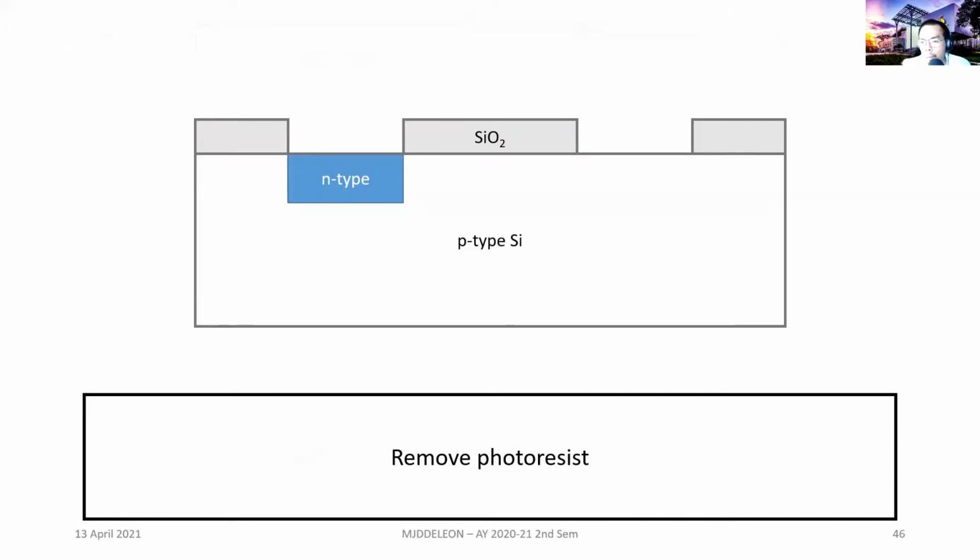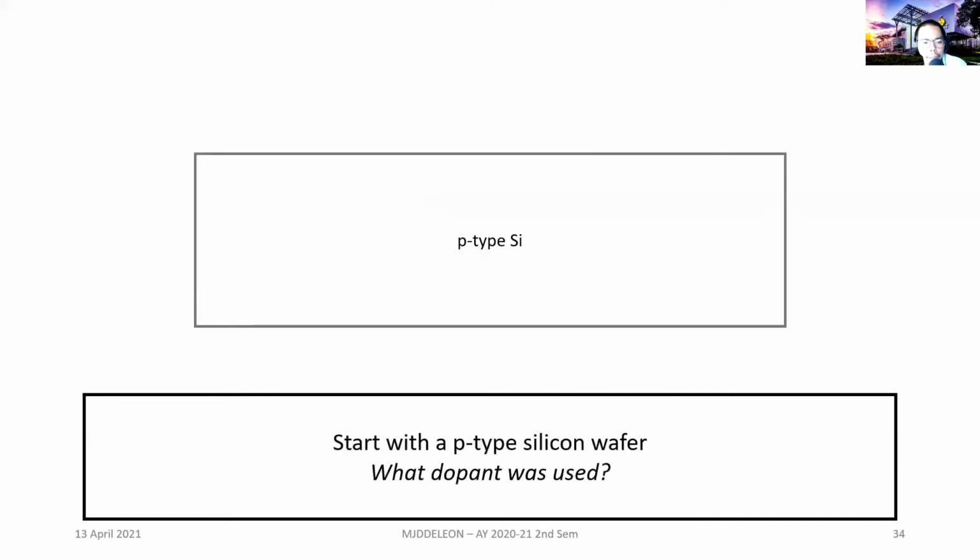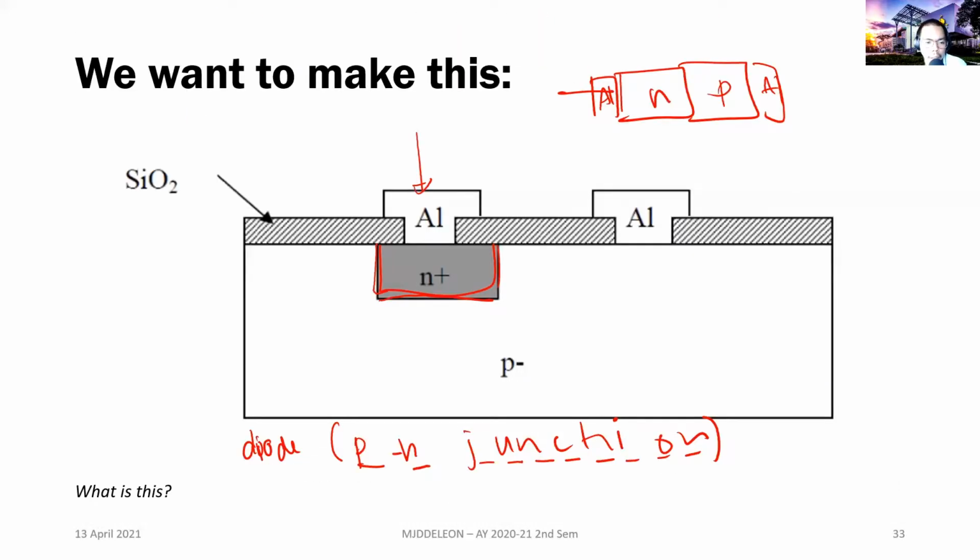So, one last thing that we want to do is we now have to create yung ating metal interconnects. So, balik tayo dito. So, ang nagawa na natin is ito. Ang nagawa na natin is ito. Ang kulang na natin is yung aluminum.